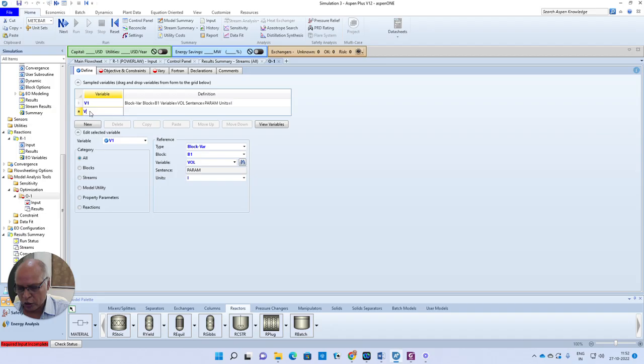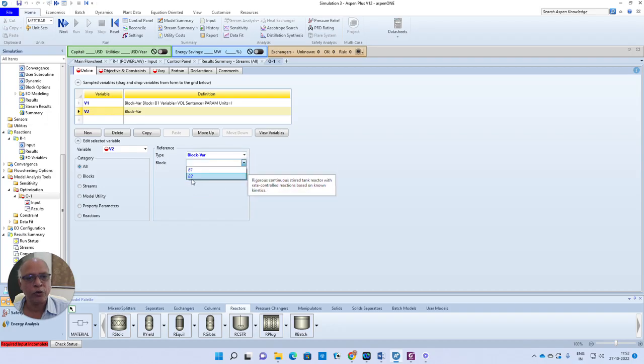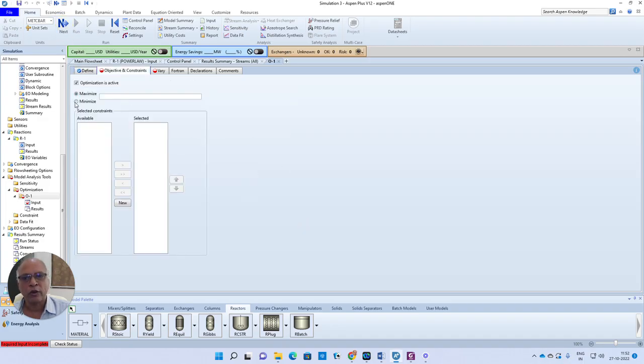Similarly, define the volume of the second reactor, V2. It is also a block variable. Block is V2 and variable is volume. So go to the next. In other words, you need to define all the variables that are going to be included in your objective function. We wanted to minimize the sum of these two volumes, V1 plus V2, right?